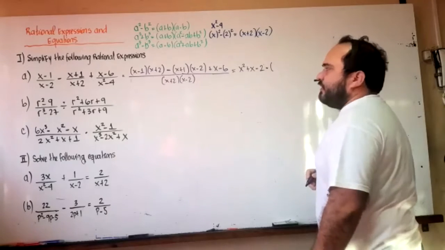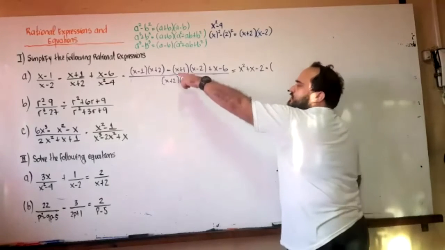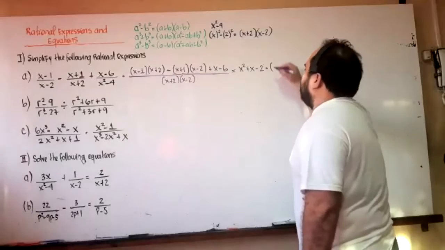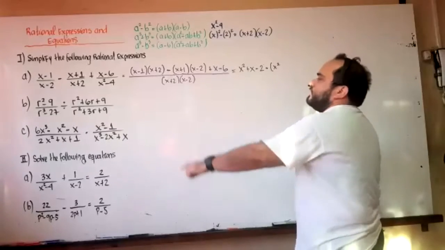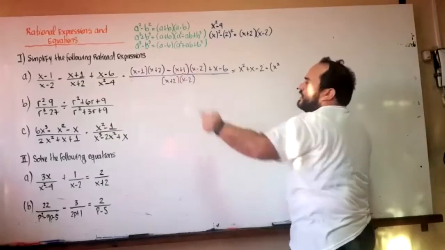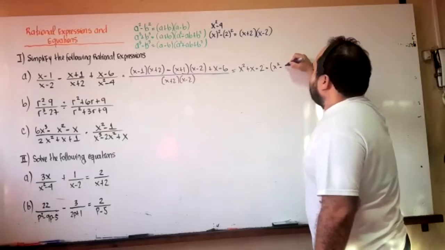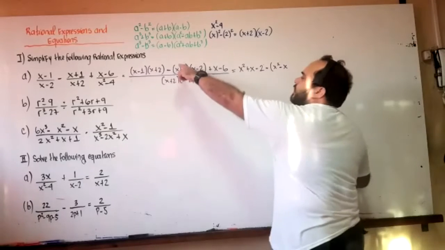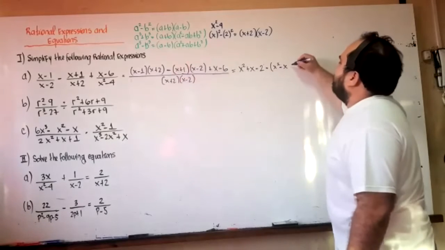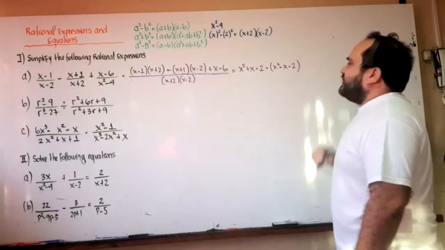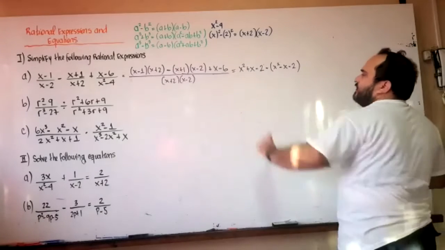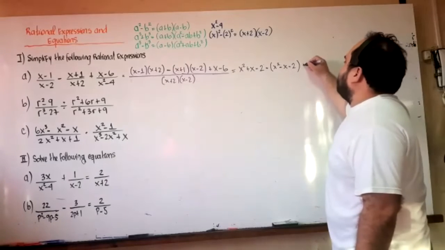Subtracting, open parentheses, applying the same situation. X squared minus 2x plus x will be negative x, and 1 times negative 2 will be negative 2. And we're going to copy x plus 6.